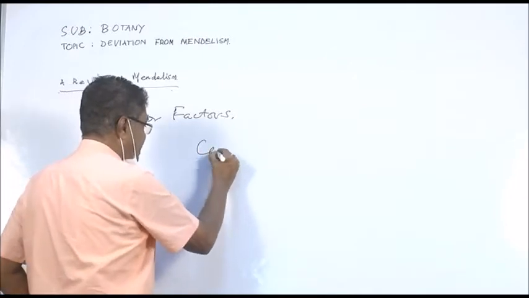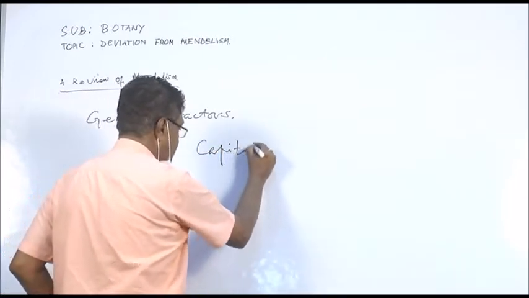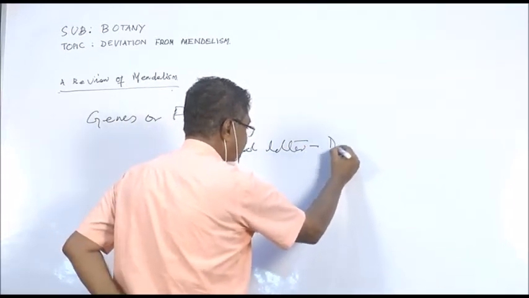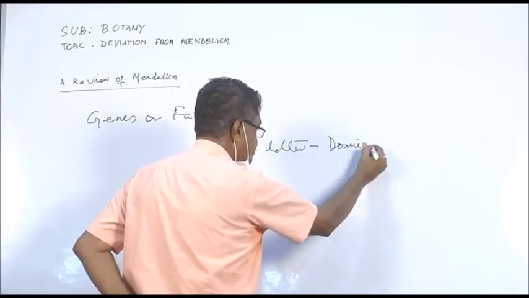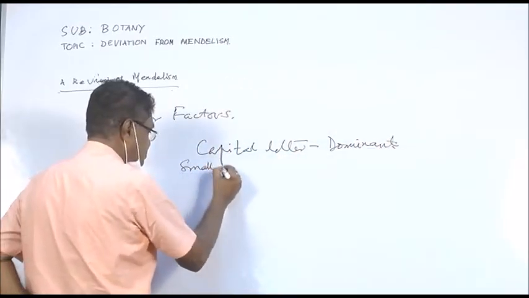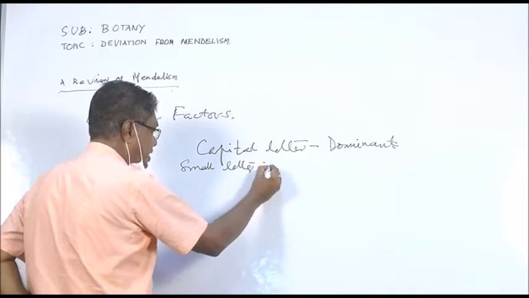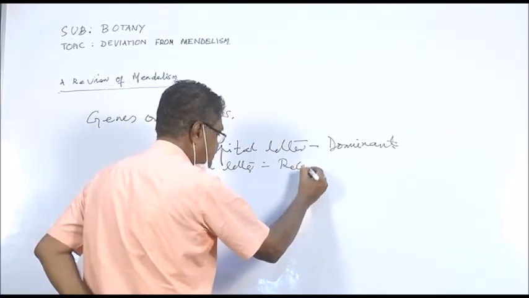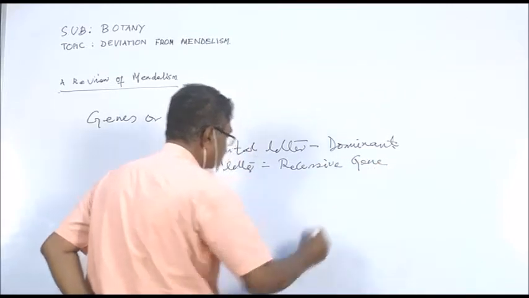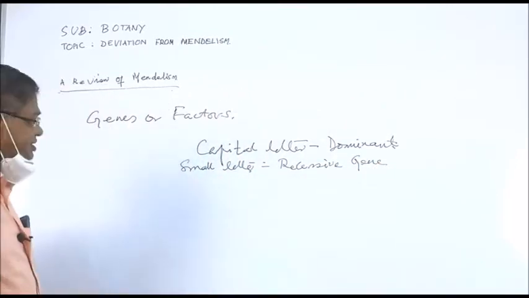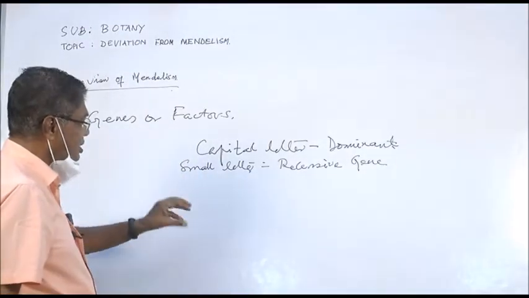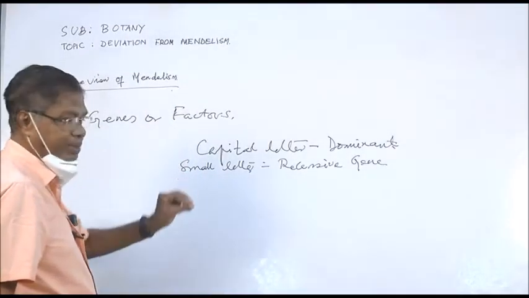The capital letter indicates dominant gene and the small letter indicates recessive gene. Dominant gene and recessive gene, and we will discuss the two basic laws of Mendel.